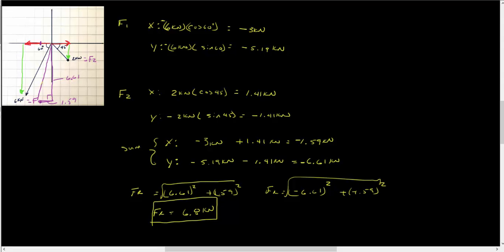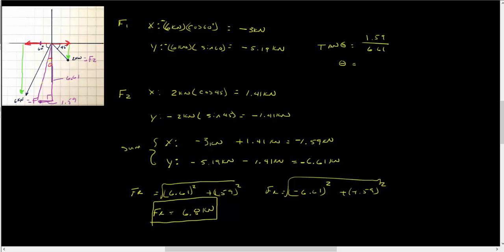Same thing as we did when we did the law of cosines. Now, the same thing as we did with the law of sines, I can solve for this angle right here, and we'll call that theta. The tangent of theta is equal to the opposite over the adjacent.